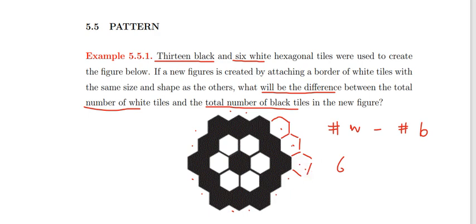So this equals 12 plus 6. The outside ring, we should have 18 white tiles.